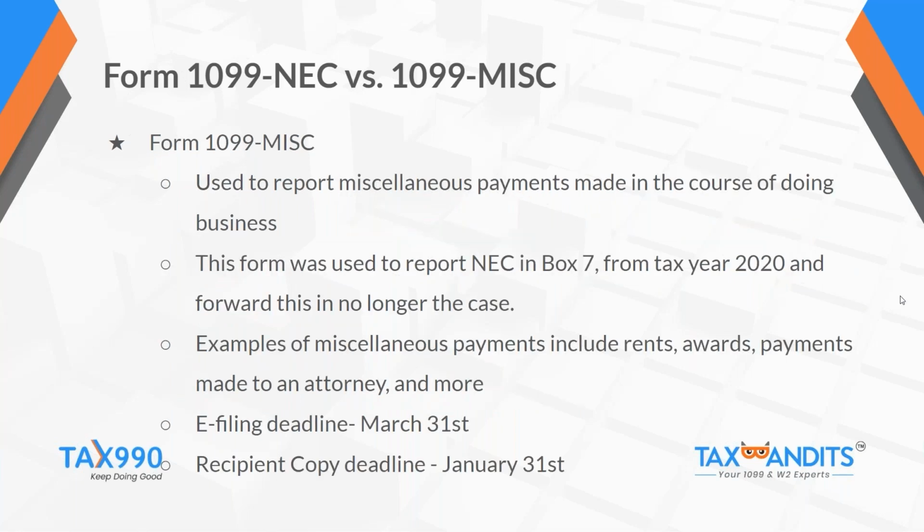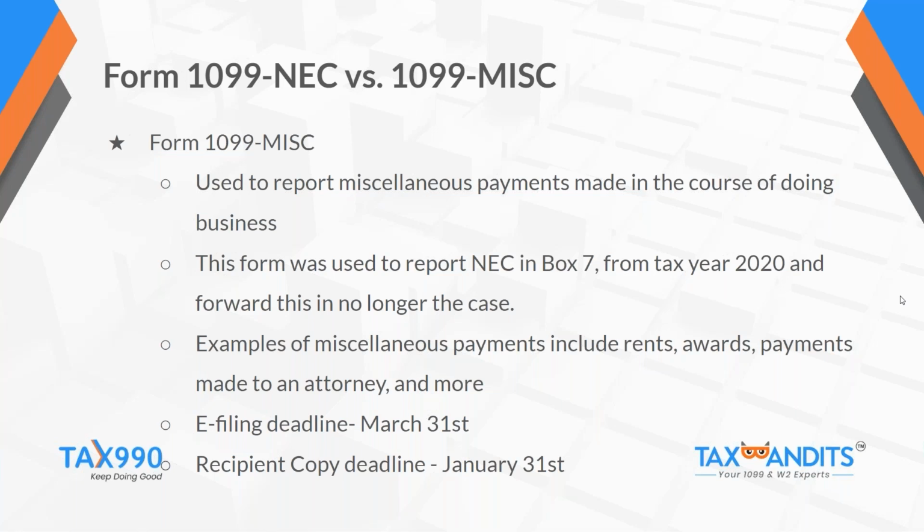Form 1099 Miscellaneous is used to report miscellaneous payments made in the course of doing business. In the past, this form was used for reporting non-employee compensation. However, from the tax year 2020 and forward, this is no longer the case. Examples of miscellaneous payments reported on the 1099 Miscellaneous form include rents, prizes and awards, and payments made to an attorney.